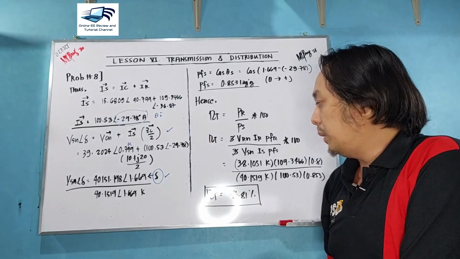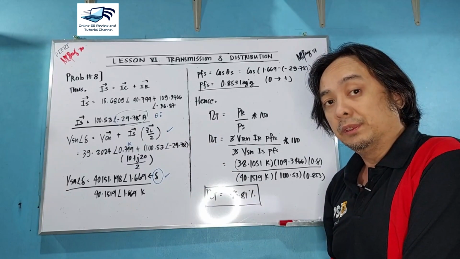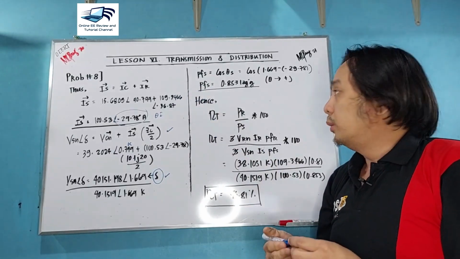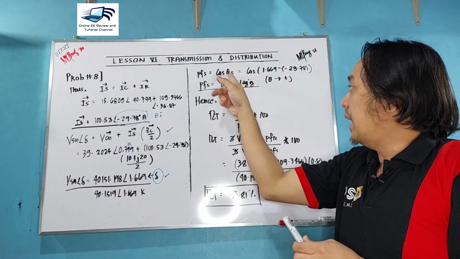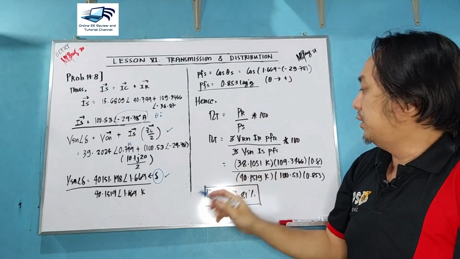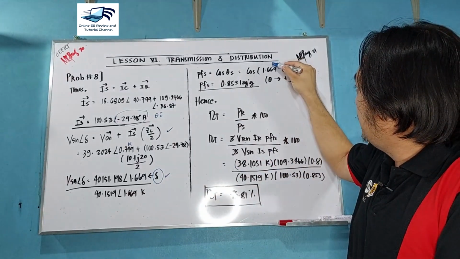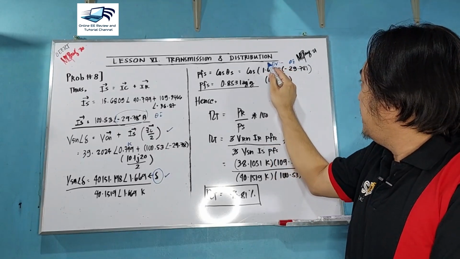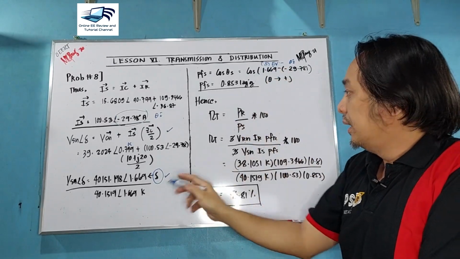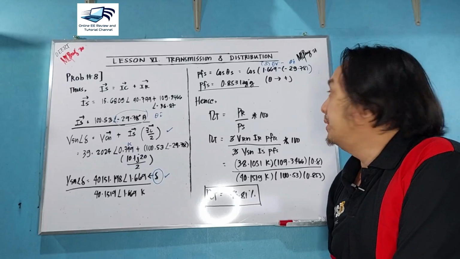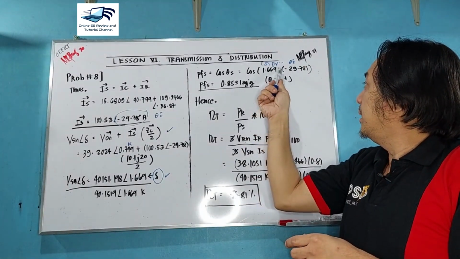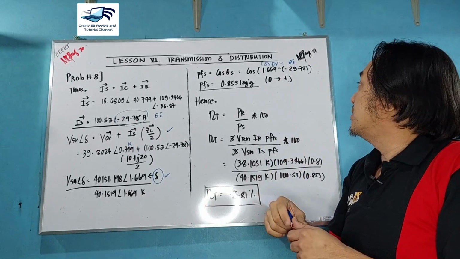So we need to get this alpha and this angle, theta I, so that we can get the power factor. Pretty clear now, the power factor is cosine of theta S, which is the angle difference between the voltage and the current. Please take note, this is theta V minus theta I. The theta V here is definitely your alpha, and your theta I is your 29.78, which is computed recently. So we have 1.669 minus negative 29.78.